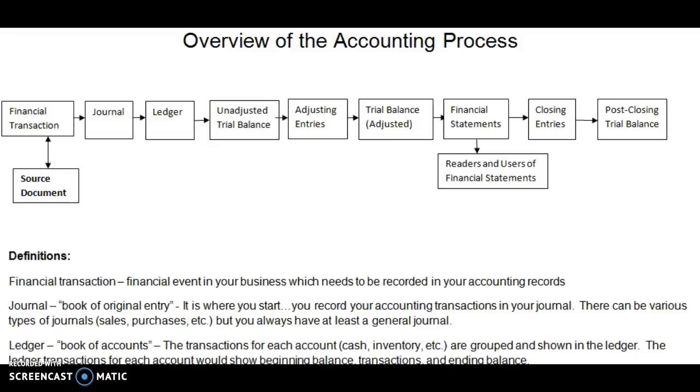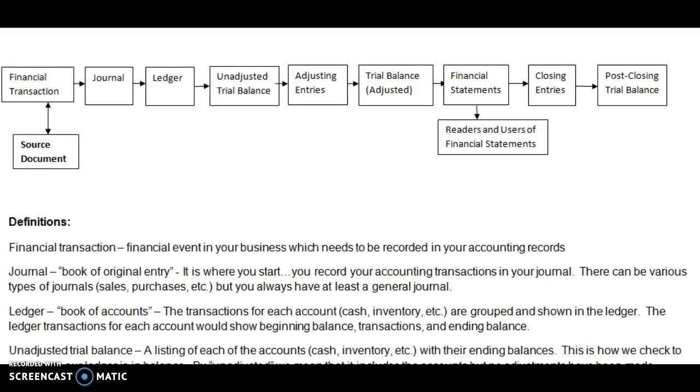So with the financial transaction, it needs to be recorded in the books. We do that in the journal. The journal is known as the book of original entry. It's where we start. From the journal, we go from there to the ledger, which is known as the book of accounts. So we start the process. The original transaction happens.